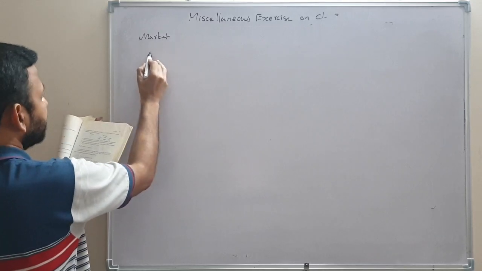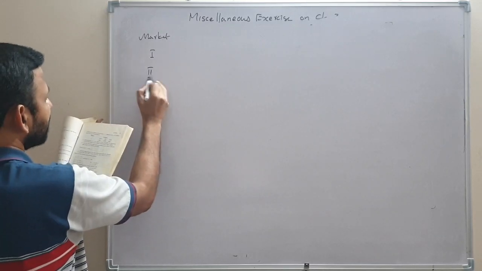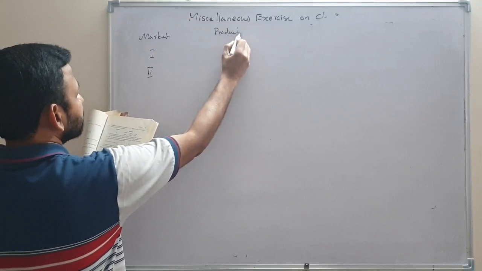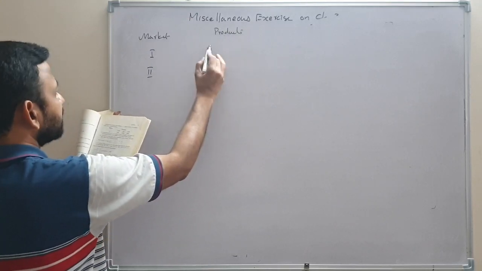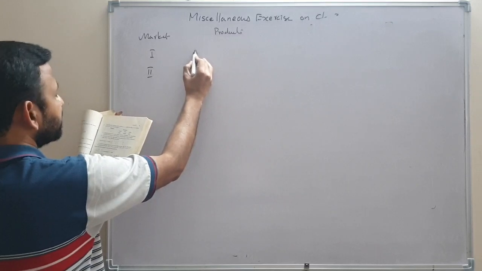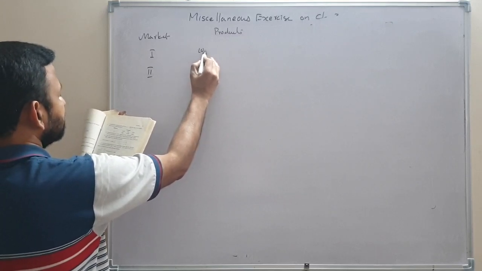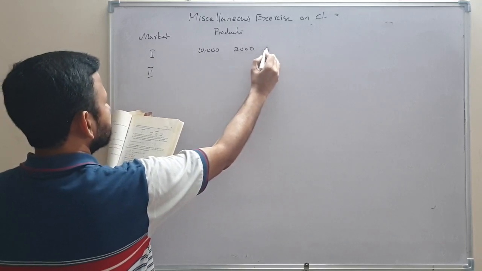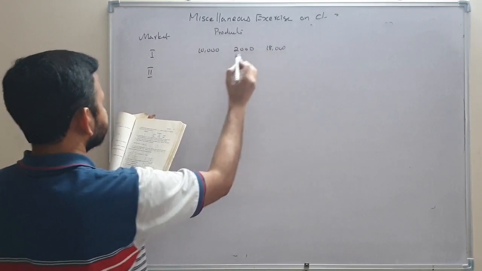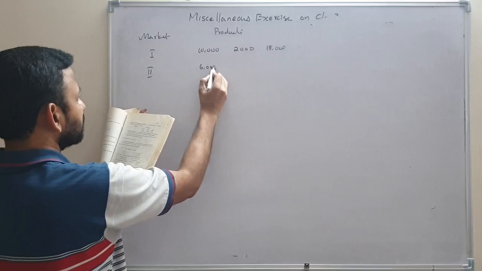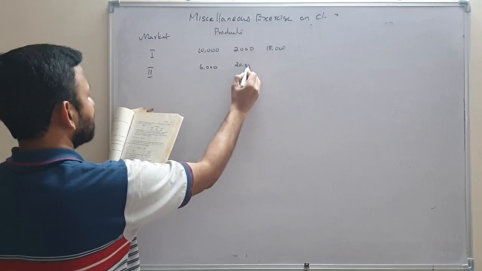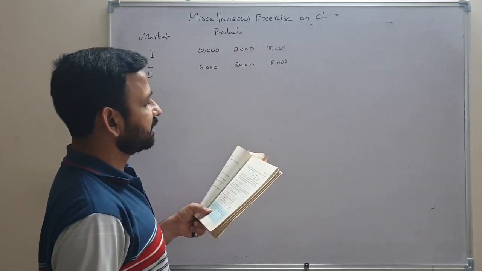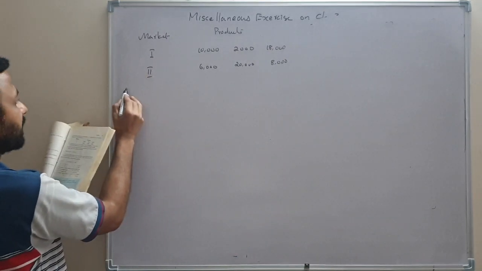Here we have 2 markets, market 1 and market 2, and the number of units given are 10,000, 2,000, 18,000, 6,000, 20,000 and 8,000.